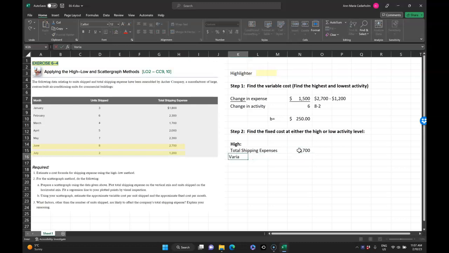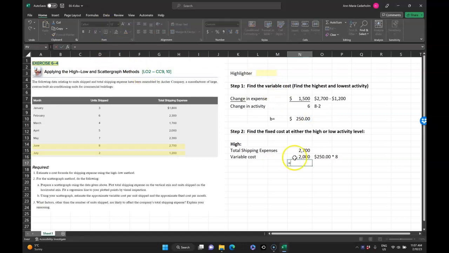Now my variable cost is the 250 that we calculated above multiplied by the volume, which is 8 units at the high. So the 8 is just from right there. If I do 250 multiplied by 8, then I get 2,000.